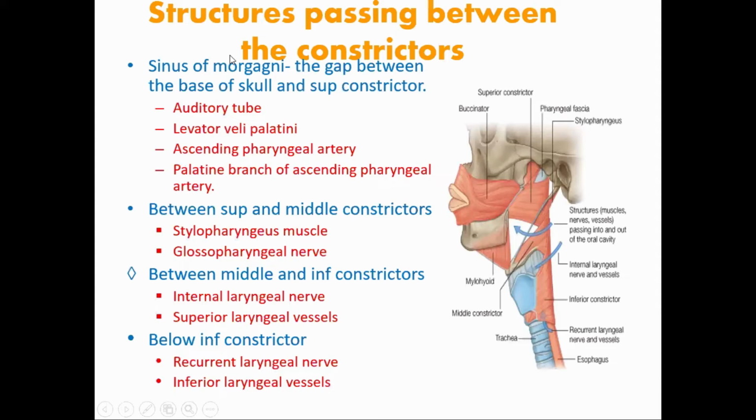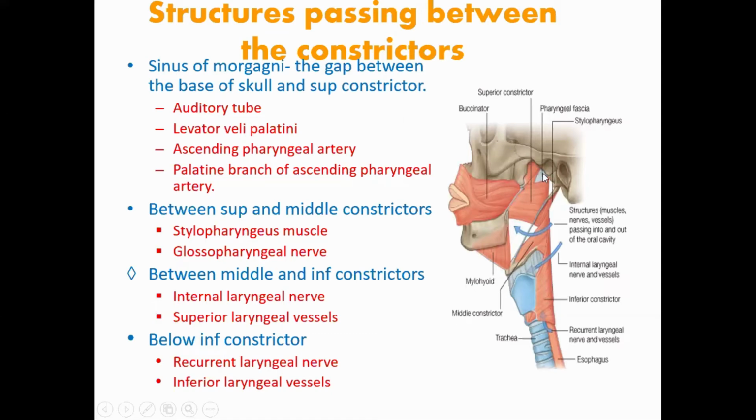Understood? The structures passing between the constrictors may be asked in the MCQ. Previously we said that spaces are present between these three constrictor muscles. The space between the superior constrictor muscle and the base of the skull is named the sinus of Morgagni.